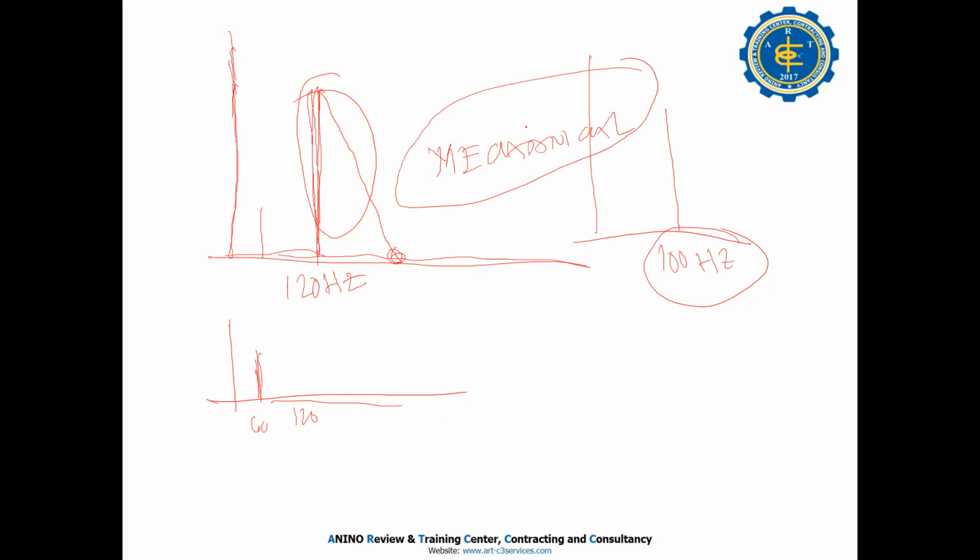If you encounter 120 hertz and the line frequency is 60, you have to identify that. When electrical and mechanical quarrel, I go to the site and go live. Look at the spectrum. Run: high vibration at 120.